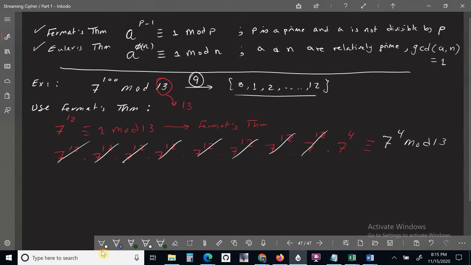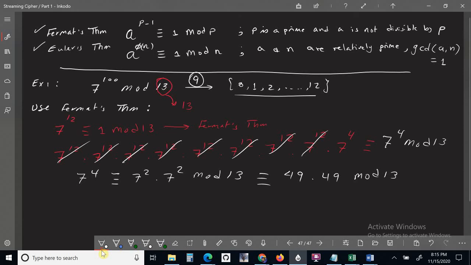Now we can further break this down. 7 to the power 4 is equivalent to 7 squared times 7 squared, mod 13, and this is congruent to 49 times 49 mod 13.